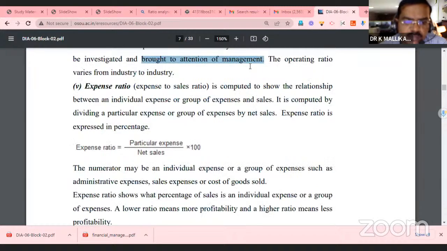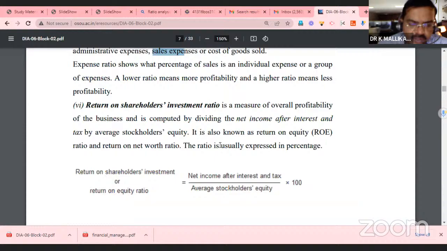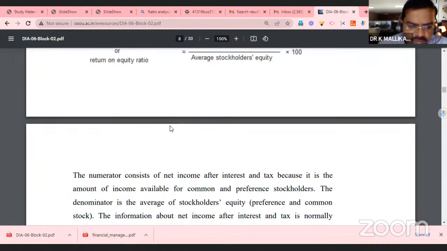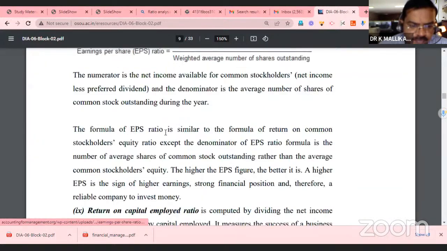Sometimes we calculate individual ratios, expense ratios: salaries to net sales, advertisement to net sales, other expenses, selling expenses, administrative expenses to sales ratios, selling expenses to sales ratios. Return on shareholders we will also discuss later, in the third part, EPS ratios.